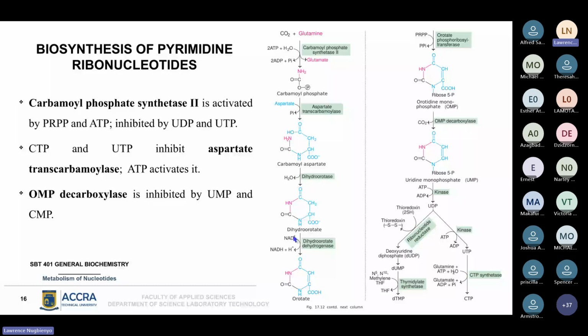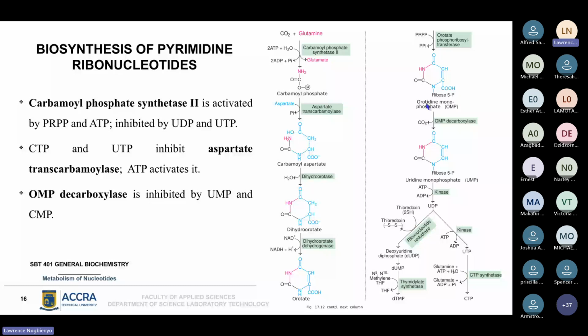Now, the process continues all the way with further steps. So you now have a conjugation of the phosphoribosyl pyrophosphate coming in that reaction, and with a loss of a pyrophosphate or a diphosphate, you have a conjugation onto the sugar, the ribose 5-phosphate, to give you orotidine monophosphate, OMP.